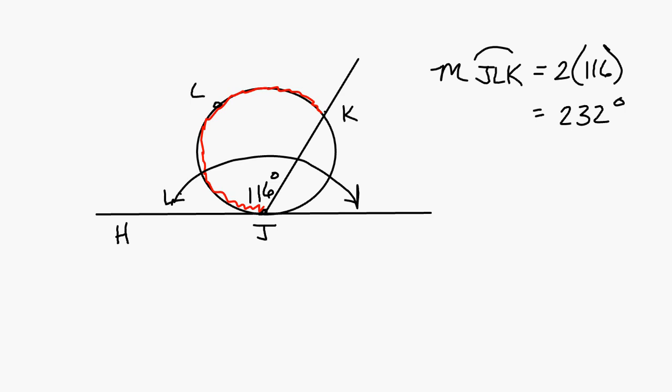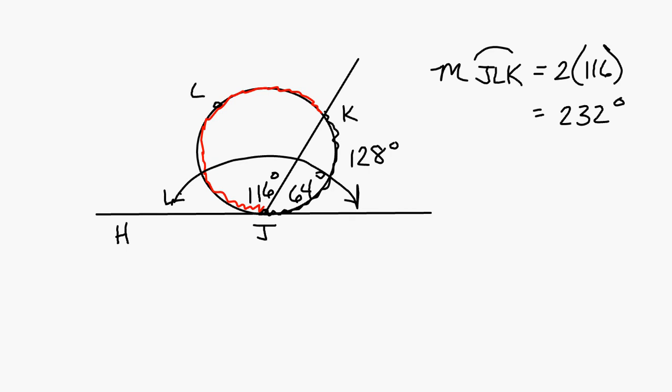So if this is 116, 180 minus 116, 64 degrees would be this side. So if you had to find JK, J to K would be twice as big as the 64. That's the 128 again. So that was an angle on the circle.